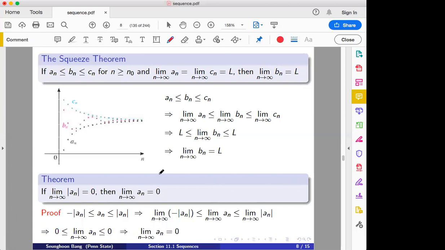So we have one good application. We think about this one. What is the limit as n approaches infinity of negative 1 to the power n times 1 over n? What do you think? What is the answer of this question?